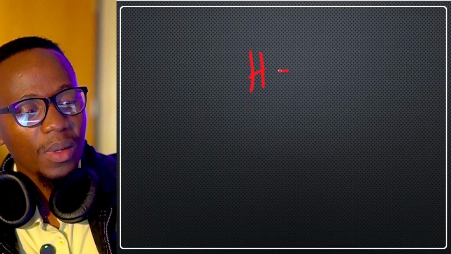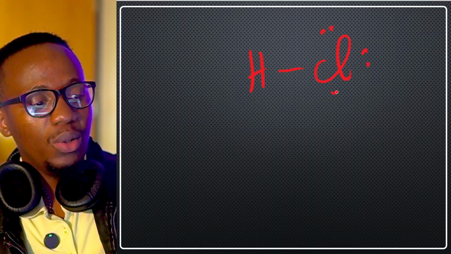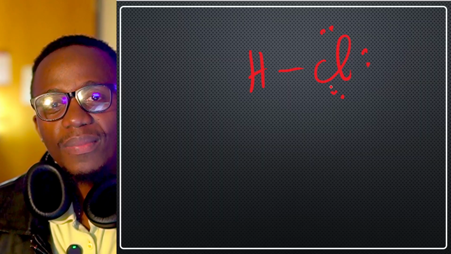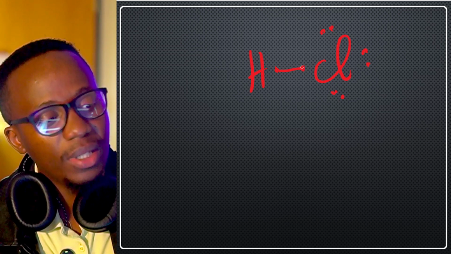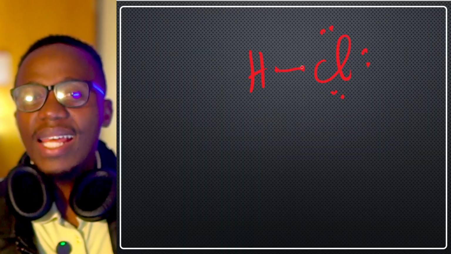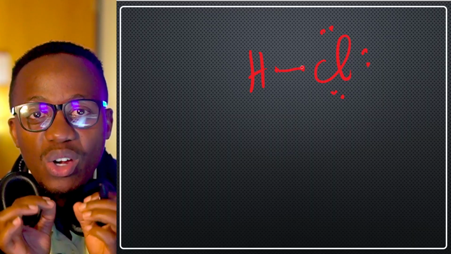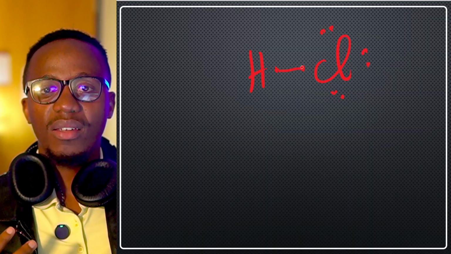So if you have hydrogen here bound to chlorine here, right? This is the Lewis structure. We know that hydrogen and chlorine are sharing this bond and these electrons. But we now know that they are not equally sharing. They are unequally sharing, and this is called polarity.